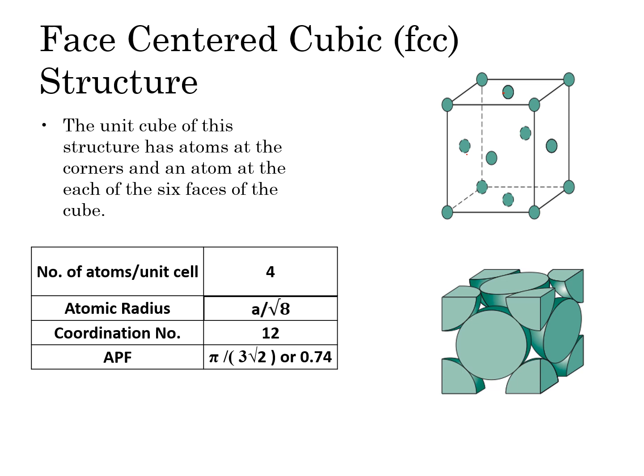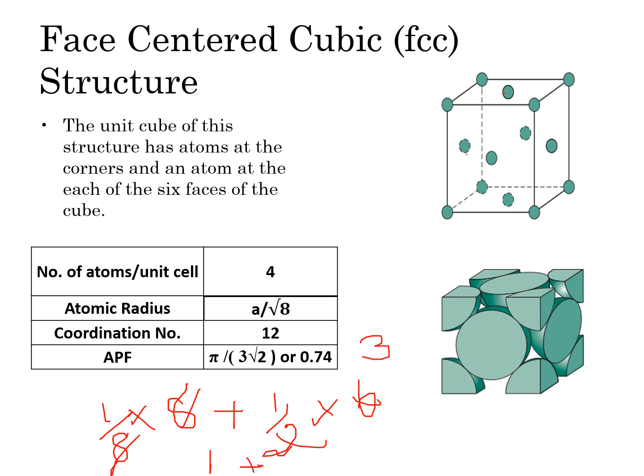Therefore, the total number of atoms present is 8 times 1 by 8 due to the corner atoms, plus 6 times 1 by 2 due to the face-centered atoms. Cancelling, this is 1 plus 3, which is equal to 4. Therefore, the number of atoms per unit cell is equal to 4.